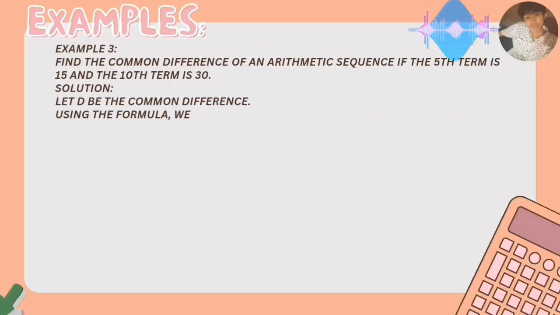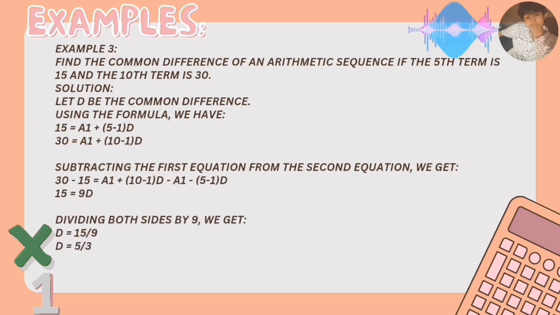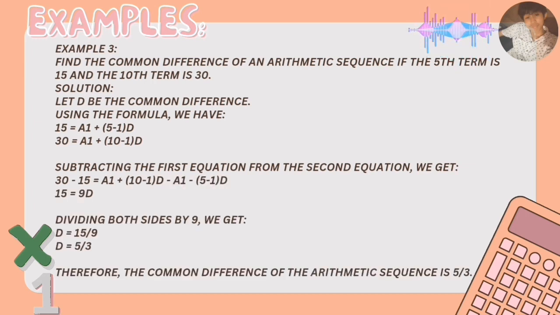For our last example, find the common difference of an arithmetic sequence if the 5th term is 15 and the 10th term is 30. So for our solution, let d be the common difference. Using the formula we have, 15 = a_1 + (5 - 1)d, and 30 = a_1 + (10 - 1)d.